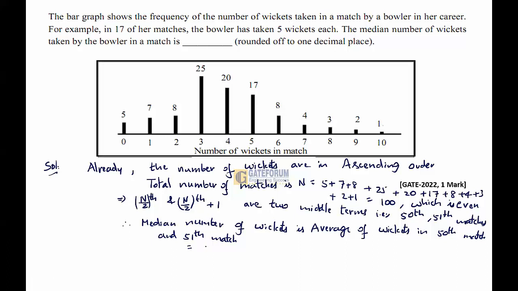So 50th match has 4 wickets, 51st match has 4 wickets. 4 plus 4 by 2 is equal to 4 again.